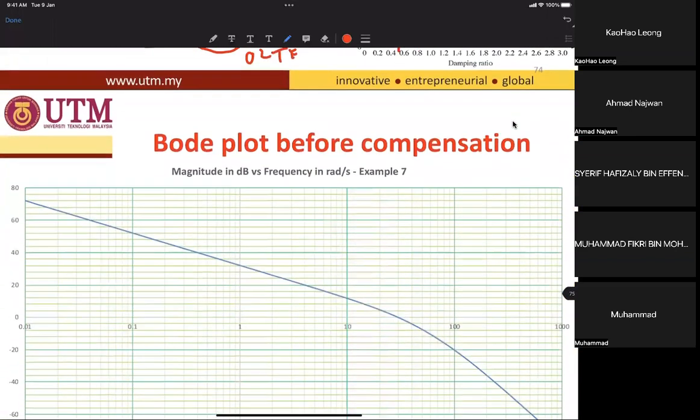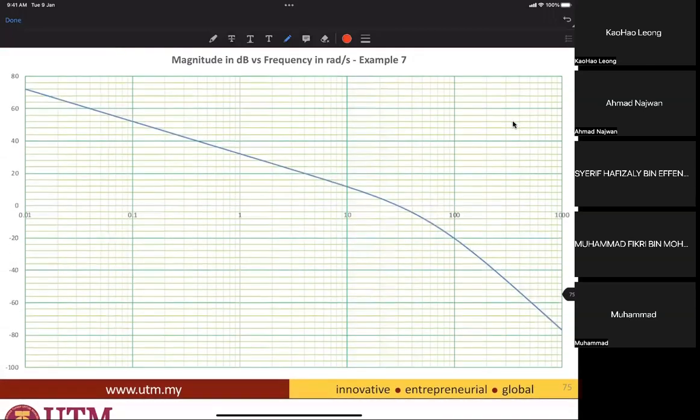Then the Bode plot is given. First thing first, use your ruler, target 0 decibel, and make a dotted line.